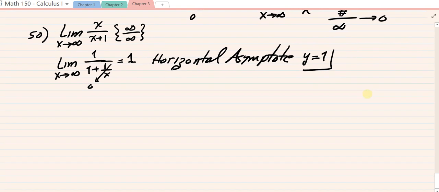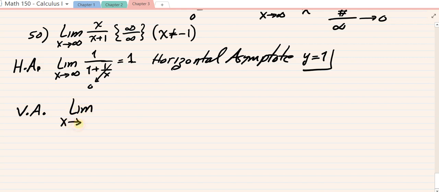Now, for a vertical asymptote, because the question again said find horizontal and vertical asymptotes, we're going to look at the place where we get division by 0. So notice here, x cannot equal negative 1. It's not in the domain, and that means at that point we have a vertical asymptote. And this is the horizontal asymptote done. Now for the vertical asymptote, we're going to look at the limit as x approaches a number, a value, not infinity.